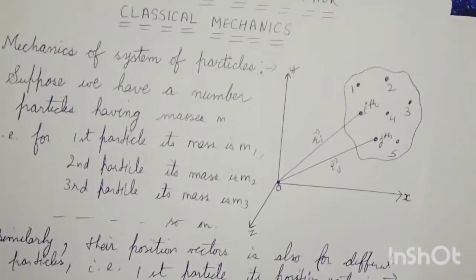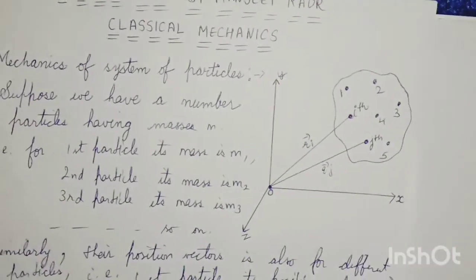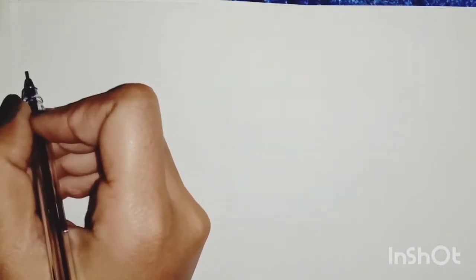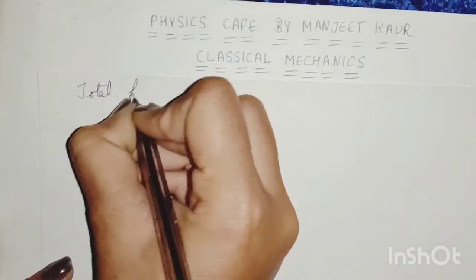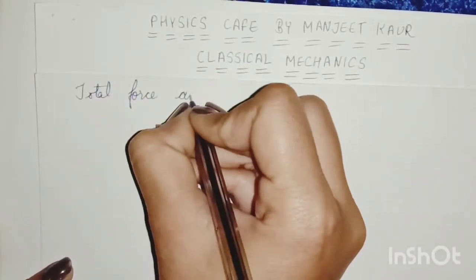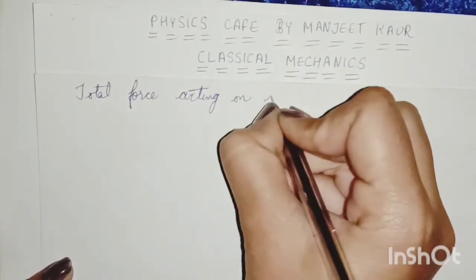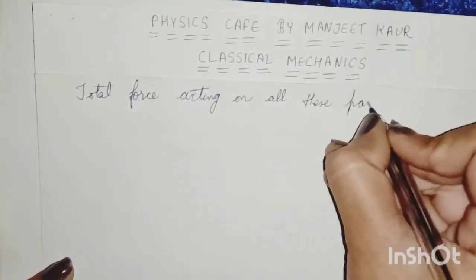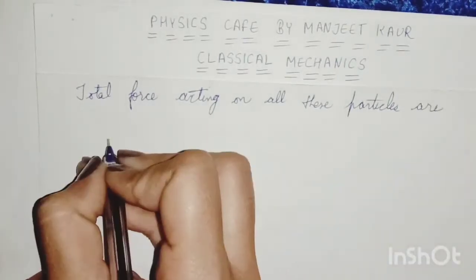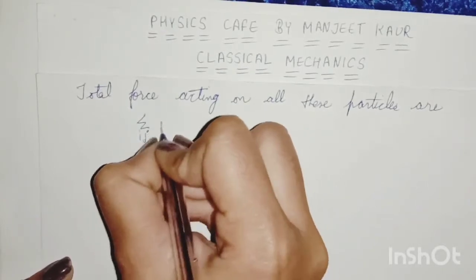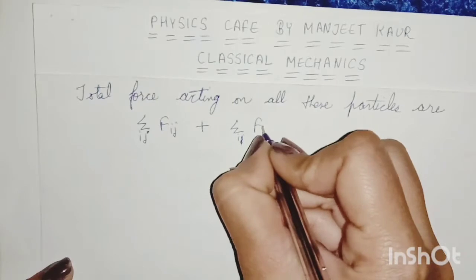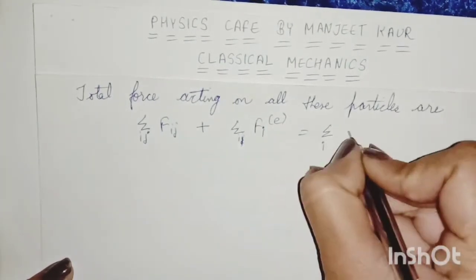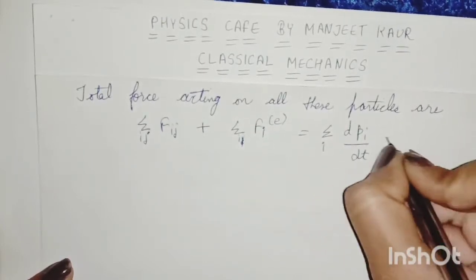So the total force acting on all these particles is summation over i, j of Fij plus summation over i of Fi external, equal to summation over i of dPi upon dt, which is our equation number 1.